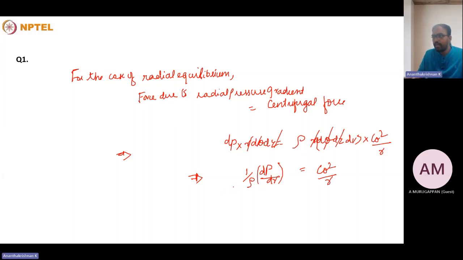So that gives the equation for the balance of centrifugal force and the radial pressure gradient in the case of radial equilibrium.